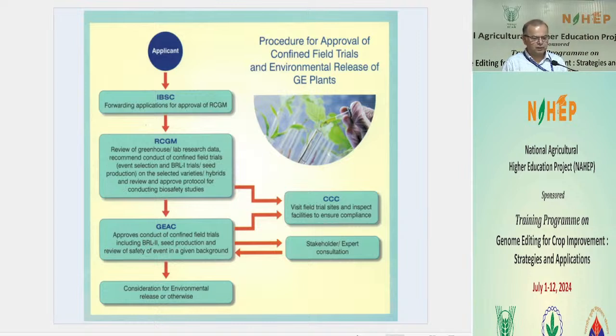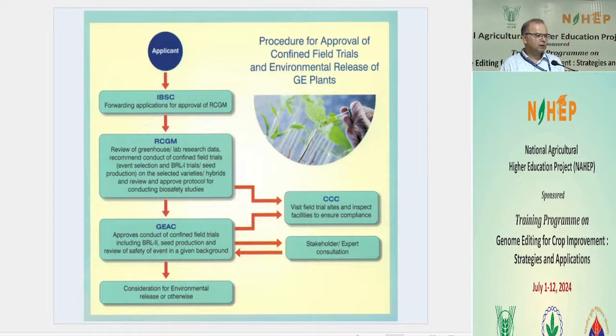That is very important. So the usual procedure to undertake research related to the development of a transgenic plant is that once you decide to develop one, the first thing you have to do is submit your application to the Institutional Biosafety Committee.